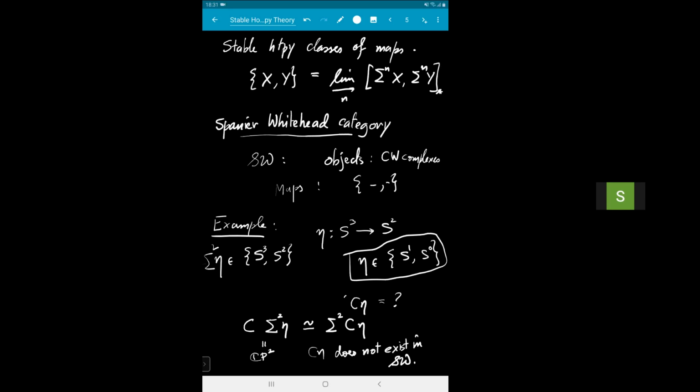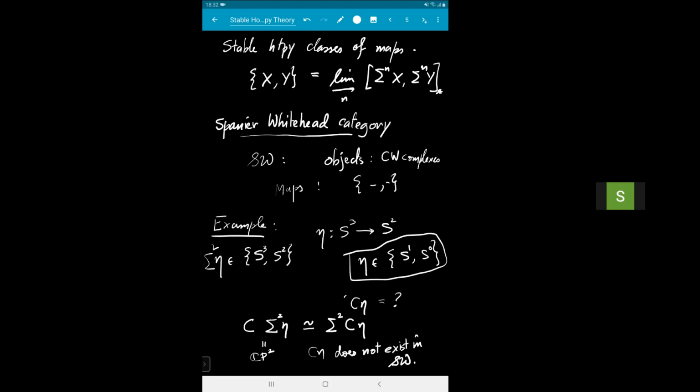So that means that I need to put a lot of objects which are going to be sigma inverse of something. So to take care of such constructions, we need to actually homotopically invert the suspension functor. That's the thing which we can conclude from an example like this.